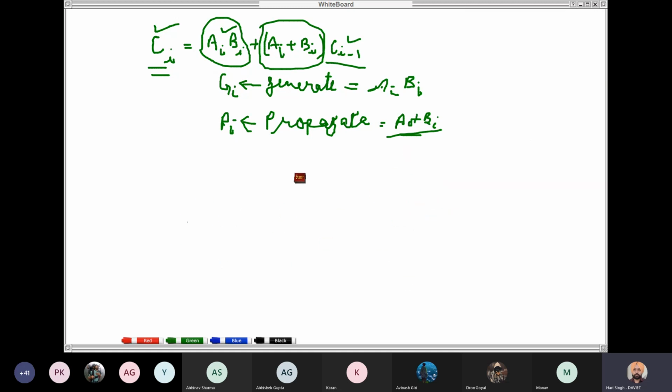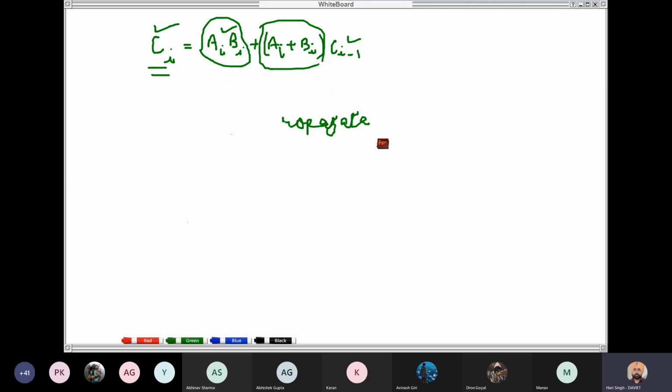Now, if I write a similar expression for Ci minus 1, it will be the current values of A and B at the I minus 1 stage.